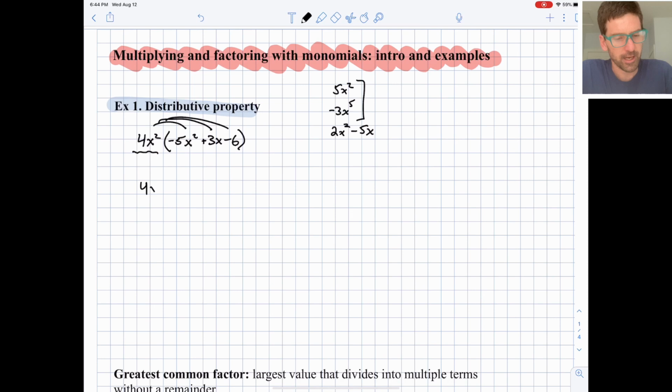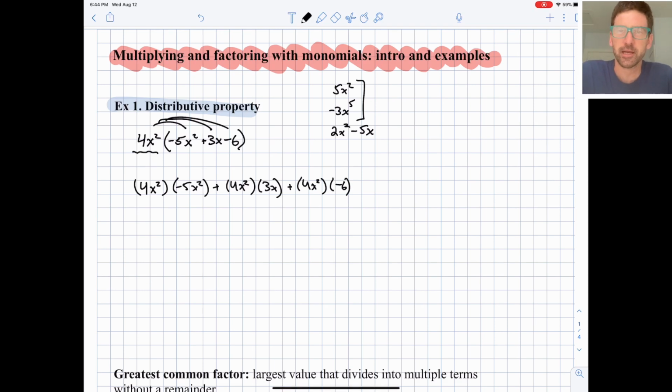So we have a 4x squared times a negative 5x squared plus a 4x squared times 3x plus a 4x squared times a negative 6. So we did that distributive property, and now we just need to do a whole bunch of simplification.